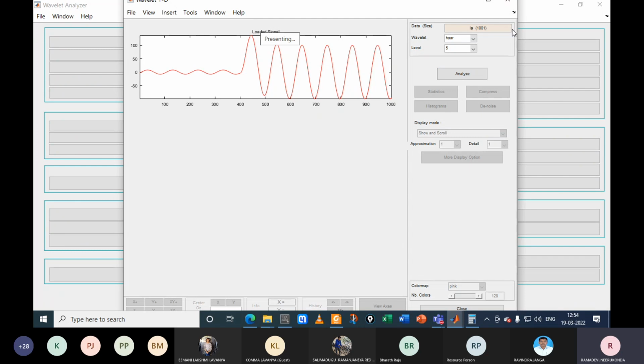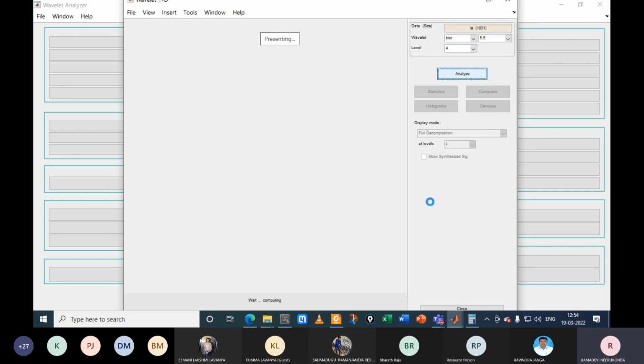So we apply the mother wavelets of Haar, Daubechies, Symlets, Coiflets. These are the different mother wavelets. For single dimensional signals, we generally use Daubechies, Symlets, and biorthogonal for fault analysis. But in my work, I applied the biorthogonal 5.5 up to the level of 4 and analyzed the signal.